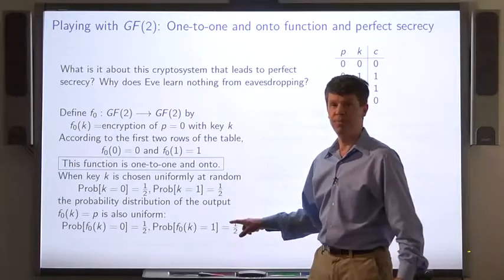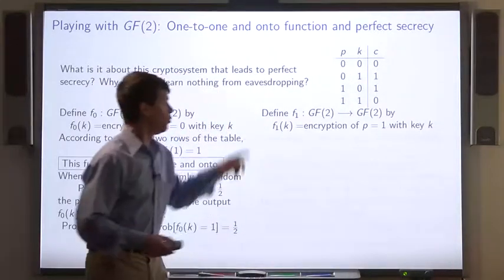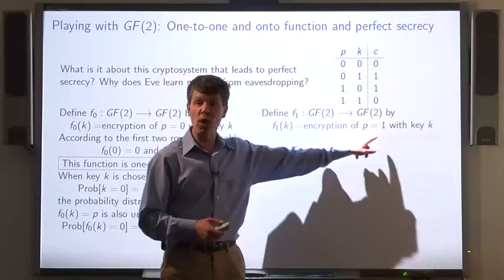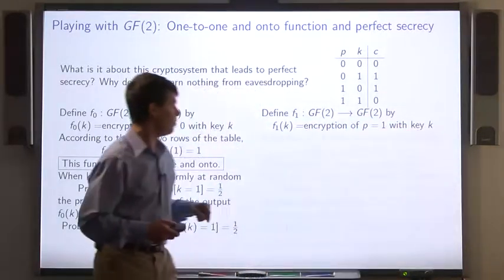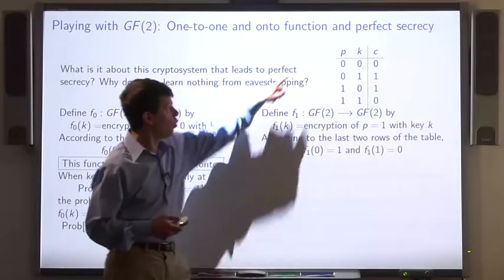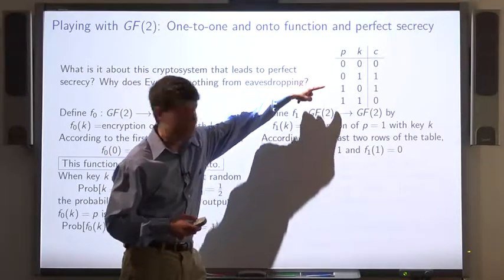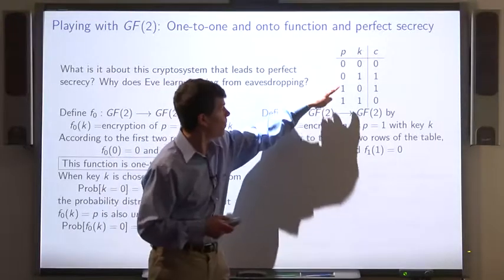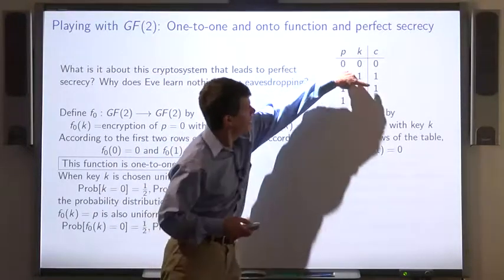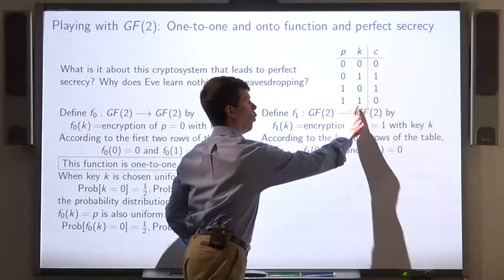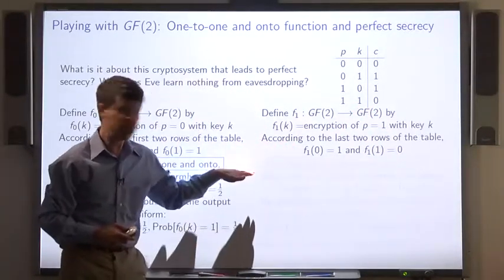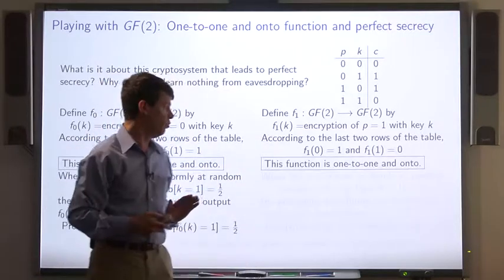Now let's turn to the function f1. f1 is the encryption of the plaintext 1 with the key k. Now, according to the last two rows of this table, f1 of 0 equals 1, and f1 of 1 equals 0. So this function is also one-to-one and onto.